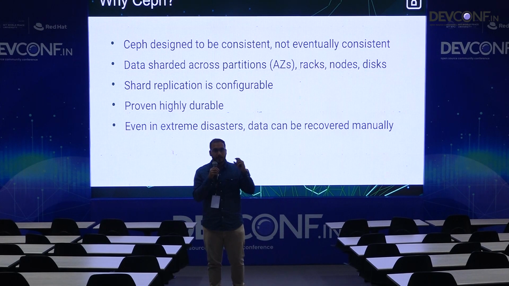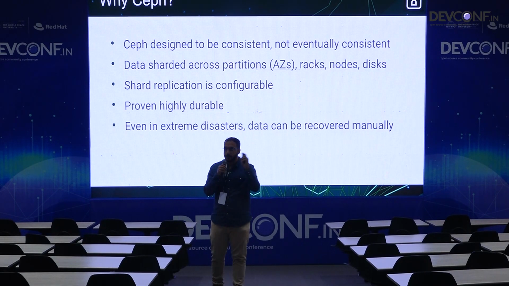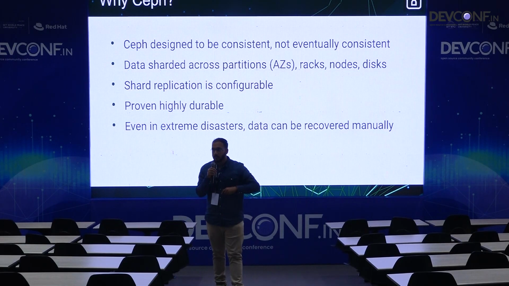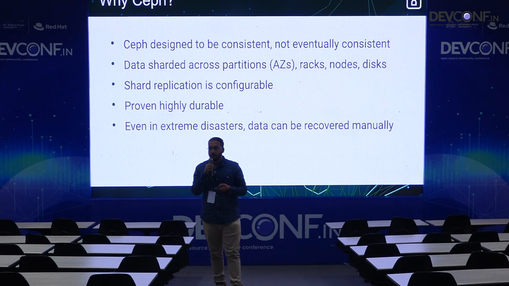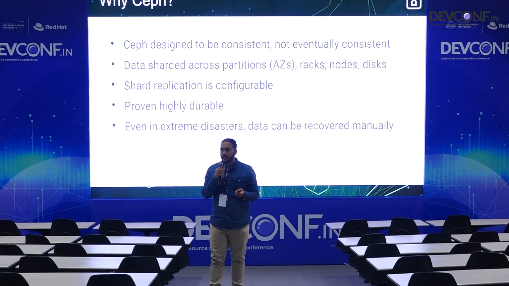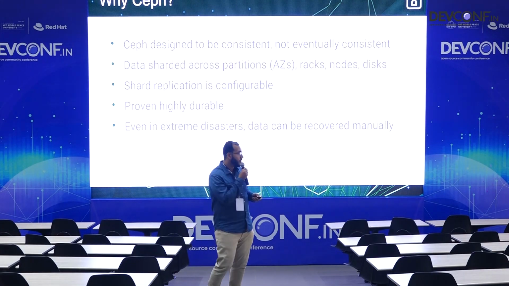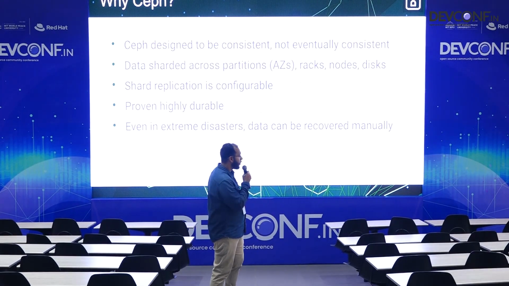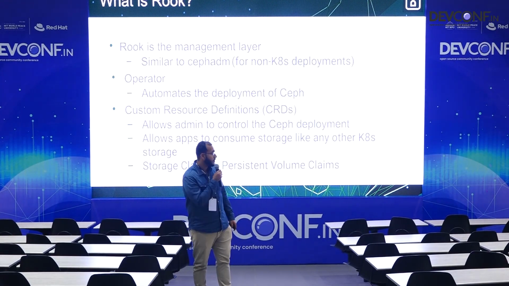So let's say the replication is 3, then I will have 3 copies of that data in different centers or areas. That's why, if you have disasters in the US and Europe, you can still access the data from India. So that's the main factor that we get from Ceph. These are some good points on why we bet on Ceph.